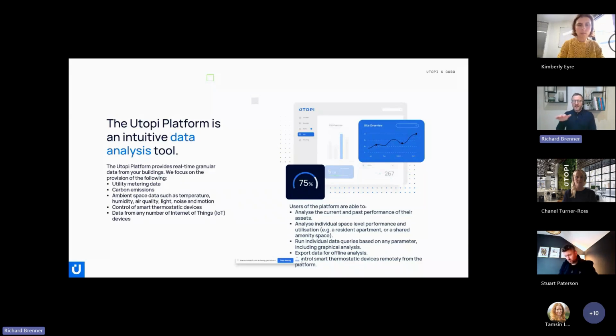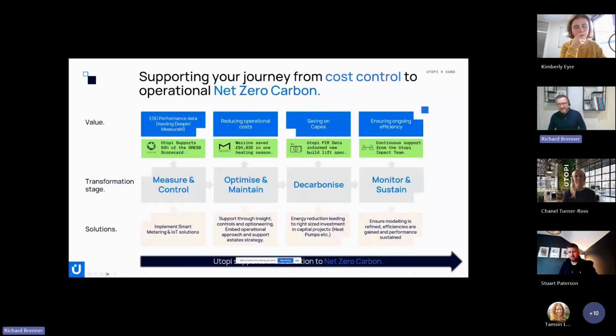So anybody that's got access to a laptop will be able to see and control the platform and the performance of the data.